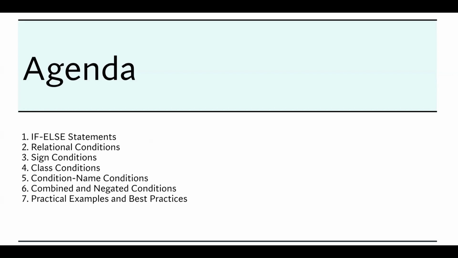Class condition ensures data matches what is expected, like numeric or alphabetic. Condition names assign meaningful names to conditions for clarity. Then combining conditions and negation conditions, and writing more complex and flexible logic with logical operators. This is the agenda for the day. Don't worry, we will do our best to explain everything.